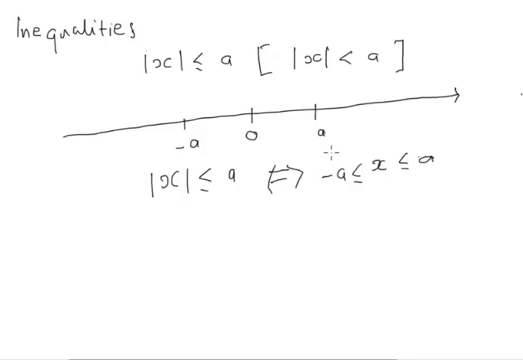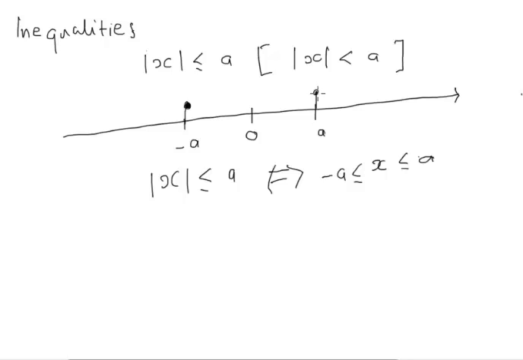So now, if I were to represent that in picture form, this is what I would do. I'll come to A here, and draw a line there, and then put a dot there. What am I trying to say? I'm trying to say minus A is included. What tells me minus A is included? The inequality, less or equal.